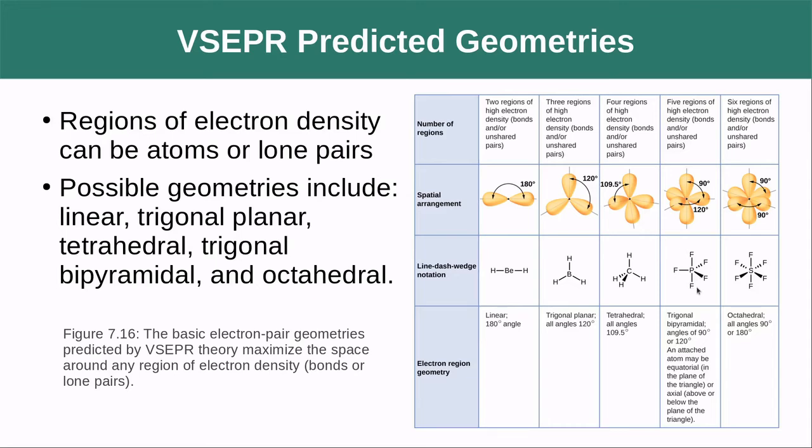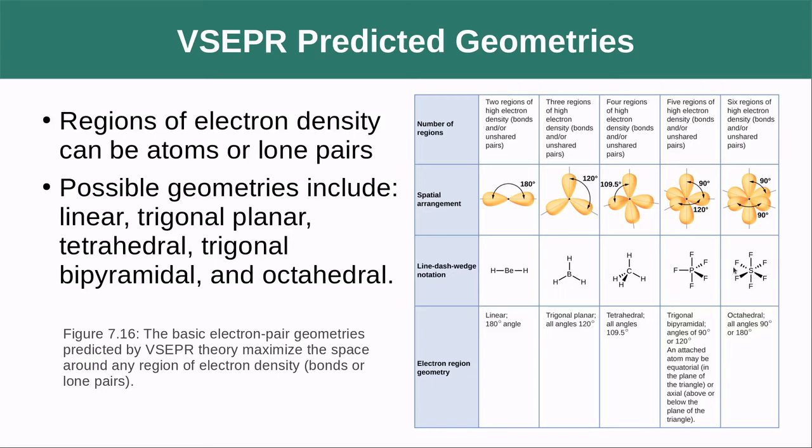So these ones at the periphery with 120 degrees between them are called equatorial positions. And the ones on the top and the bottom are called the axial positions. And we're going to see in a moment that that can be kind of important.